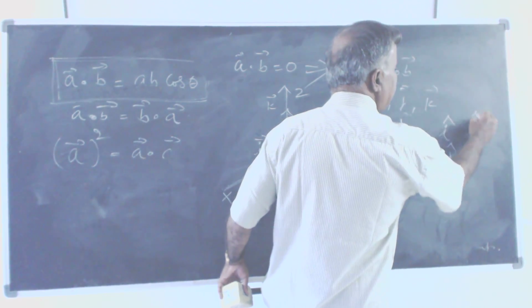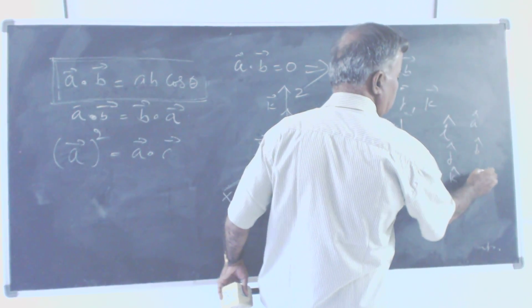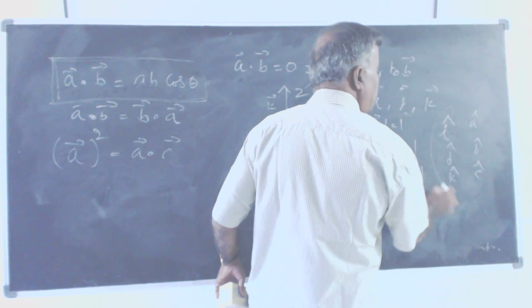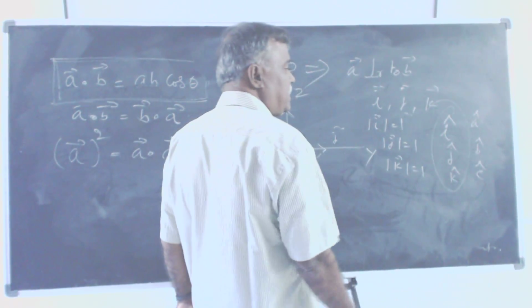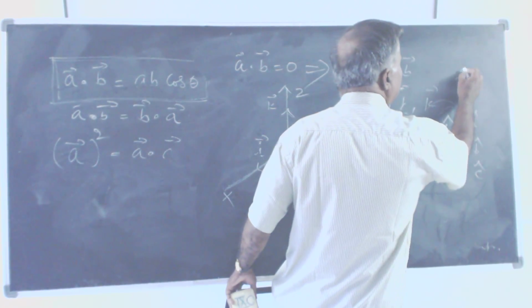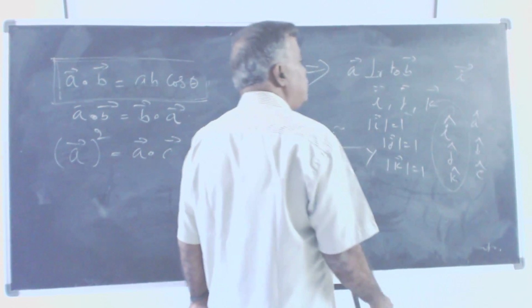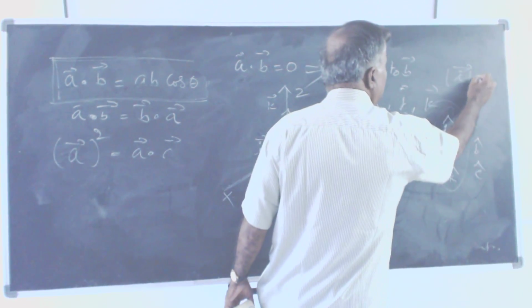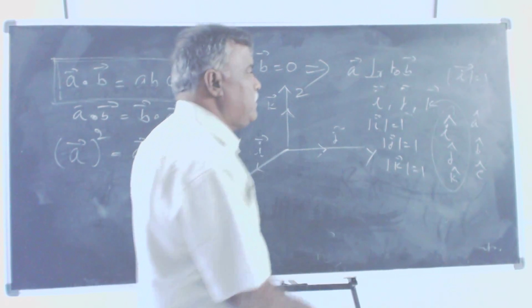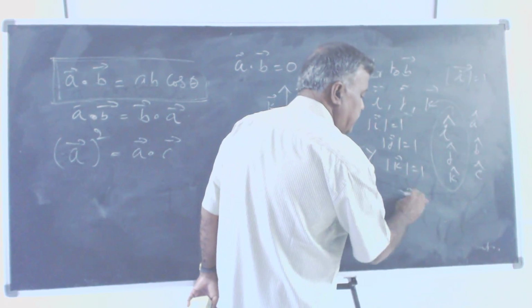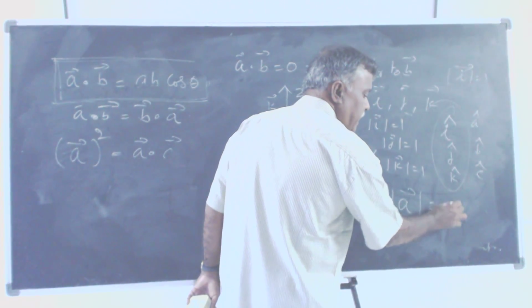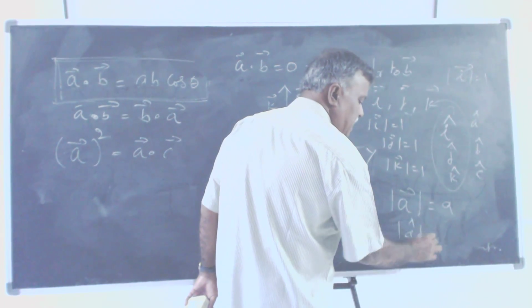Unit vector means a cap, b cap, like this. We have to use the notation. But special permission is there for i vector, j vector, k vector. Even if you write simply this arrow mark, this modulus is 1 only. For ijk only. For a vector it is not like that. Modulus of a vector means a, modulus of a cap means 1.